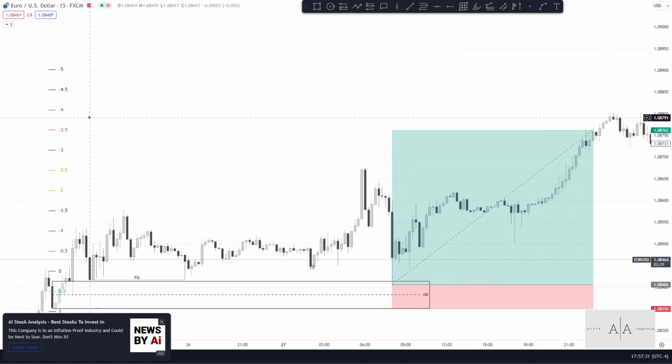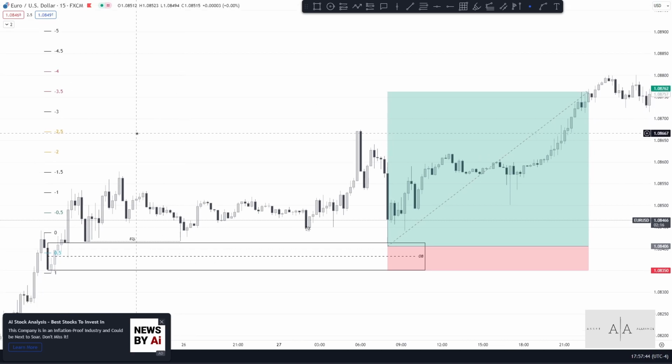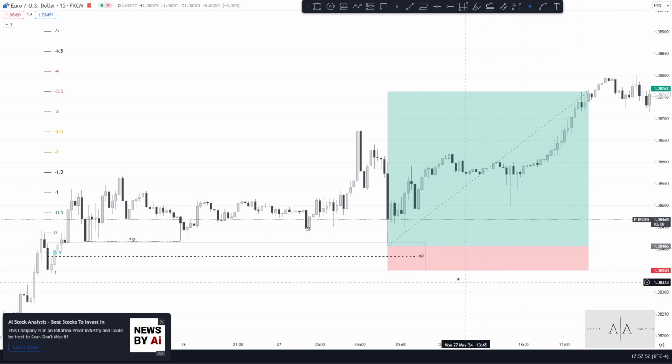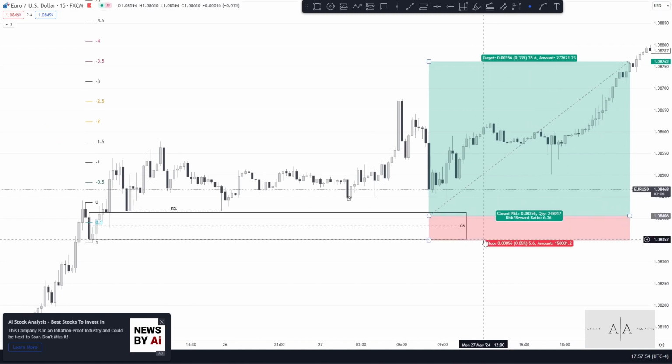I never try to hit for the -4 because rarely does it hit, but my zone is between the -3.5 and -4, so I'm pretty much just using the -2.5 as my take profit. So this one would have been a 6.36. So really great trade right there.